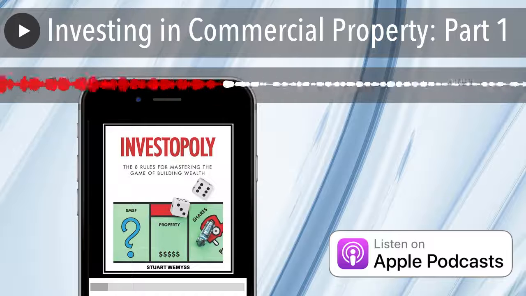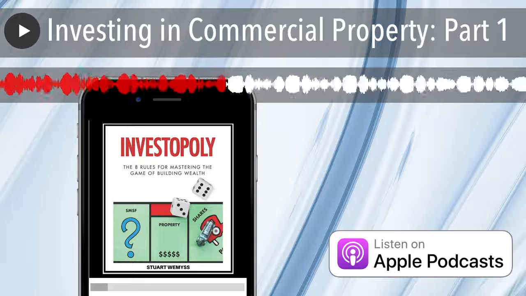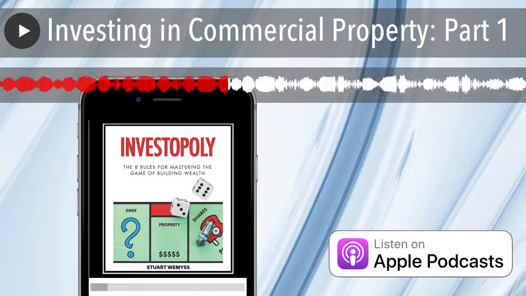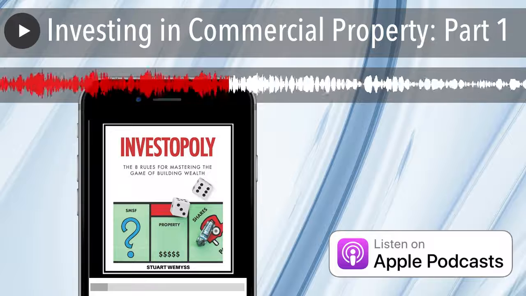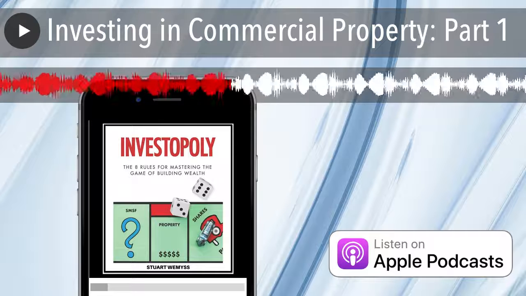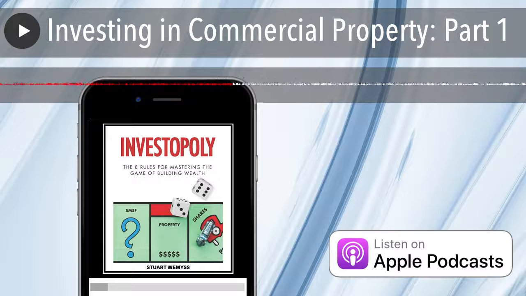So, for example, if a commercial property generates $100,000 of annual rental income and an investor desires a return of, say, 5%, which is what we would term as their capitalisation rate, then what you do is divide $100,000 by 5%, and that means that that property is worth $2 million to that investor.